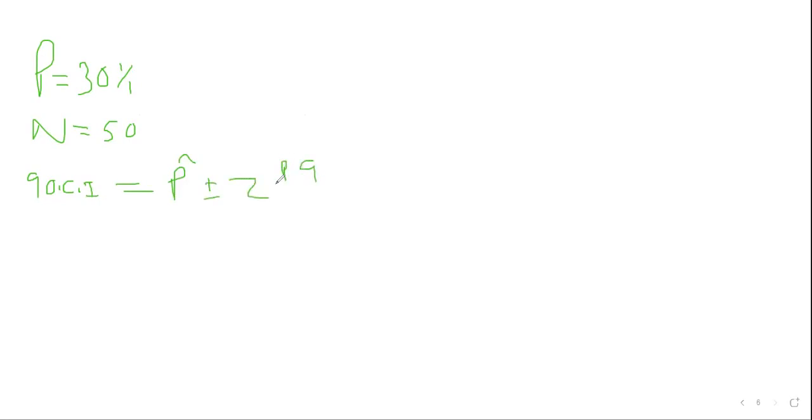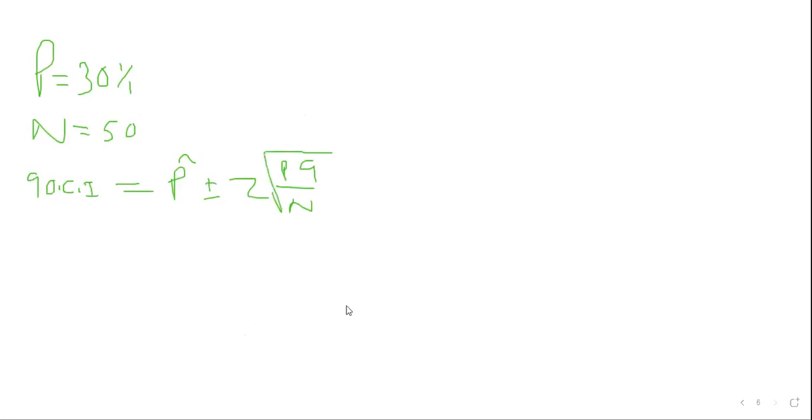Sometimes you're given proportions. Say we have 30%, our n is 50. Find a 90% confidence interval. So the formula is the proportion plus minus z square root of pq over n.